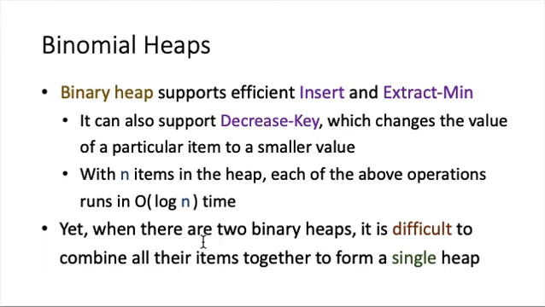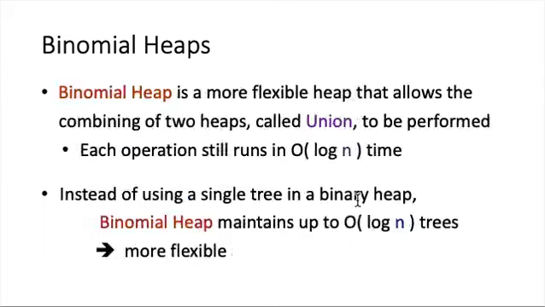However, there may be cases where we have two different binary heaps and we want to combine all the items in these two heaps together into a single heap. In such a case, there is no efficient way of doing so. Because of this, there is another kind of heap, which we call a binomial heap.